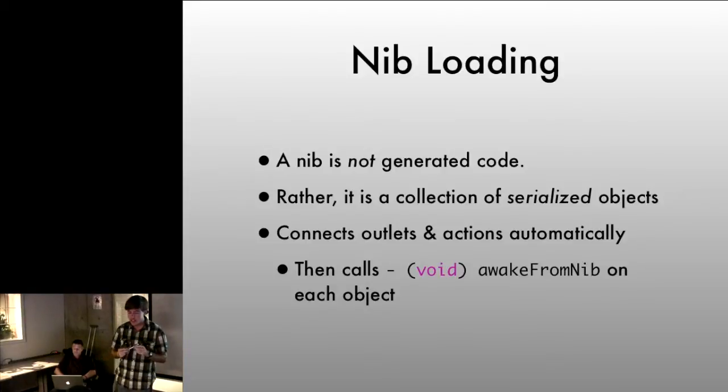So just a little bit about nibs. You might think nibs are generated code, and then that code just gets called when the application launches. They're actually not. If you were to look at the file itself, it's actually an XML property list.